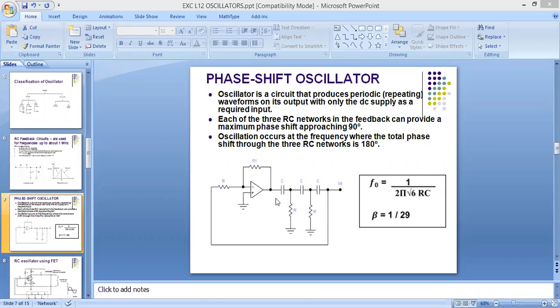But here we are using first capacitor. One RC network will give phase shift approaching 90 degree, but it will not be exactly 90 degree. It will be less than 90 degree, about 60 degree. So 60 plus 60 plus 60 you will get 180 degree, and we call that an RC phase shift.